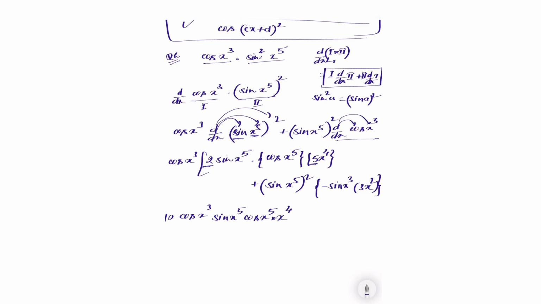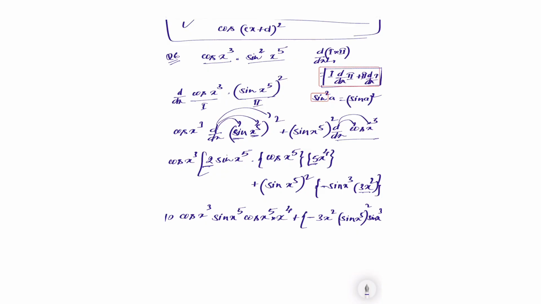Look at this. Plus here, minus and plus will be together. It will become minus of 3x square sine x power 5 whole square sine x cube.